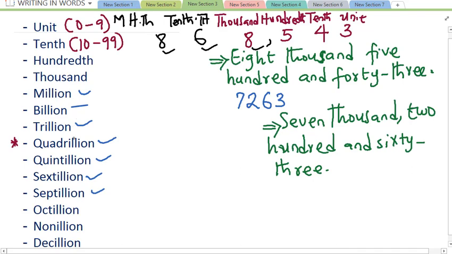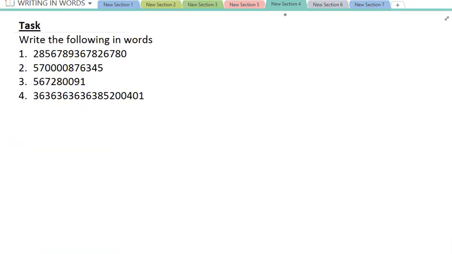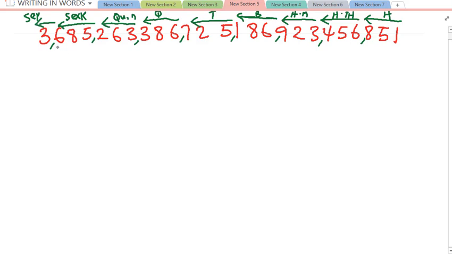So remember the ones I gave you. After billion, trillion, quadrillion, quintillion, sextillion, and septillion. So that number got to septillion. I don't think there's any number that will get to octillion, nonillion, or decillion in your exams. But let's continue. So it ended in septillion, and the septillion there is just a single number.